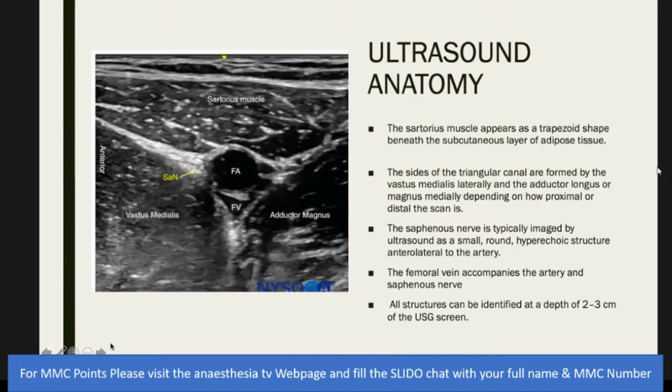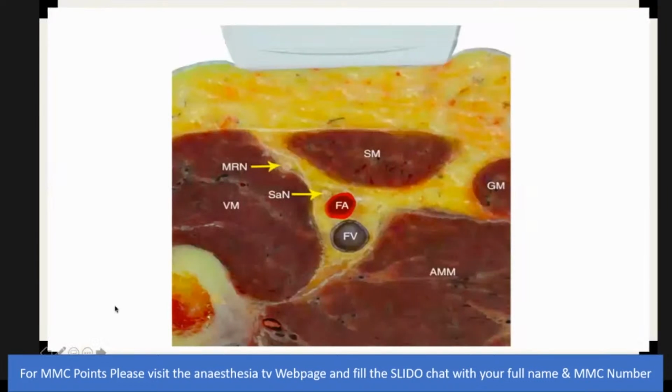The saphenous nerve is typically imaged by ultrasound as a small round hyperechoic structure anterolateral to the artery. The femoral vein accompanies the artery and the saphenous nerve in the canal. All structures can be identified at a depth of 2 to 4 centimeters on the USG screen. This is the cadaveric picture of the adductor canal showing its vessels and nerve.